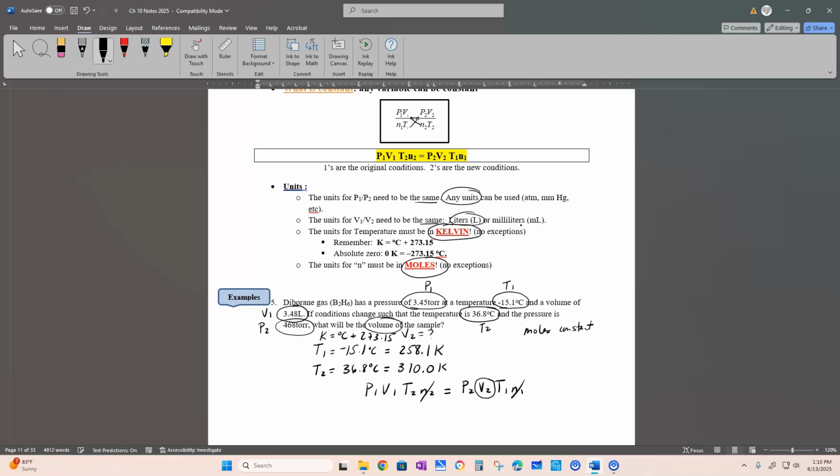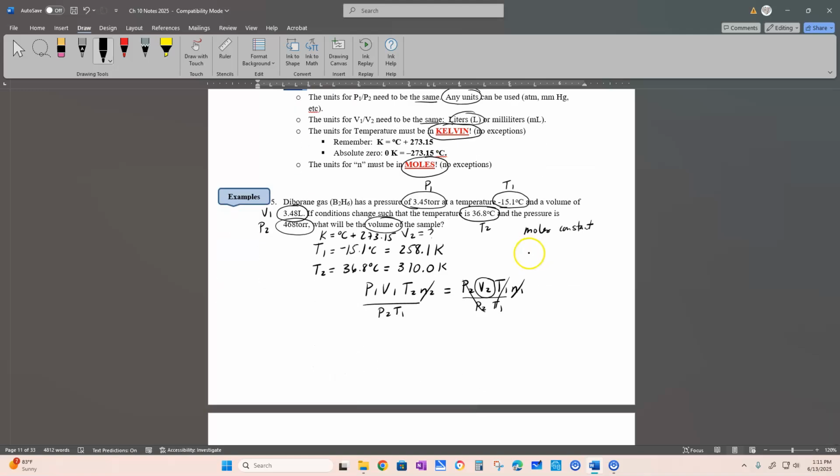So it's cross multiply, but I have to get P2 and T1 to the other side. Then I have my equation, V2 equals P1V1T2 over P2T1. You already have your equation here, you don't have to write it again, but be very careful with the ones and the twos.